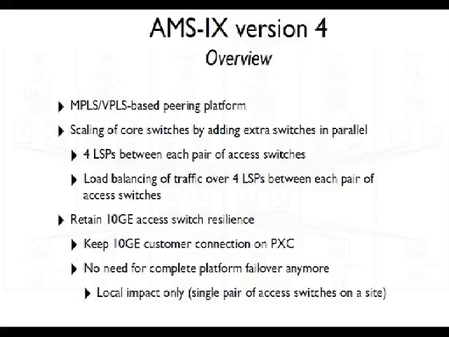Parallelization, we came out that we need to go to MPLS, VPLS, because that would allow us to use LSPs over the different core switches to distribute the load of traffic over them. Again, we wanted to retain our 10 gigabit access switch resilience using the PXCs.